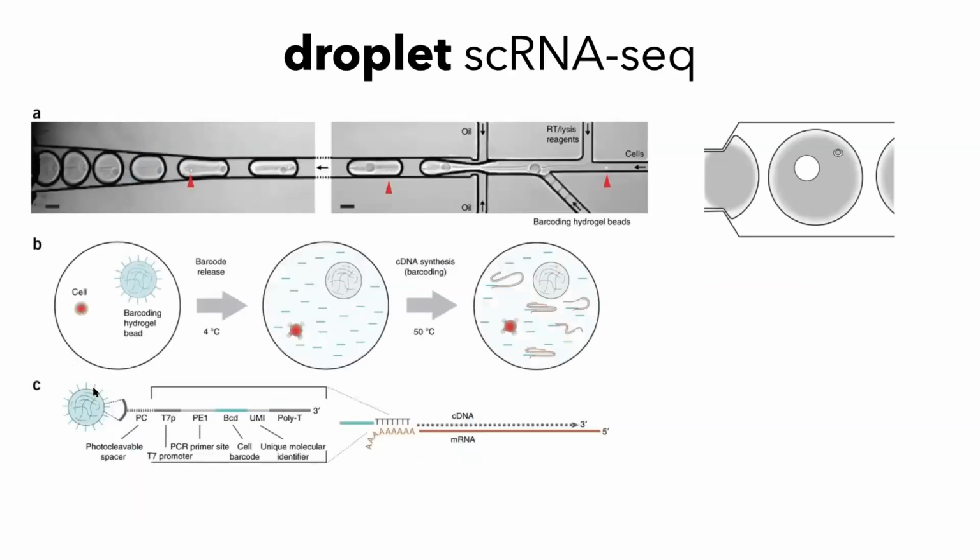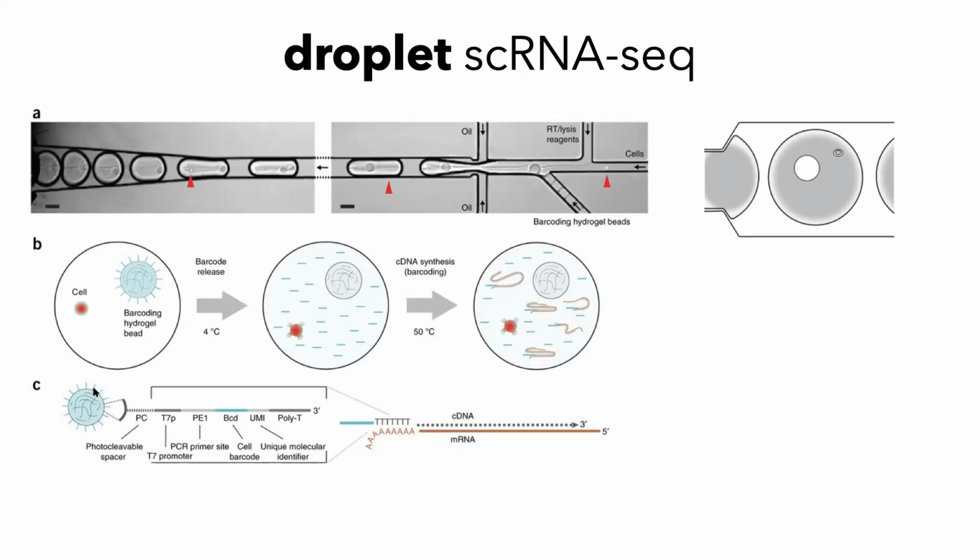So the idea behind droplet-based methods is to encapsulate each individual cell inside a nanoliter droplet together with a bead. The bead is loaded with the enzymes required to construct the library, and each bead contains a unique barcode which is attached to all of the reads originating from that cell.